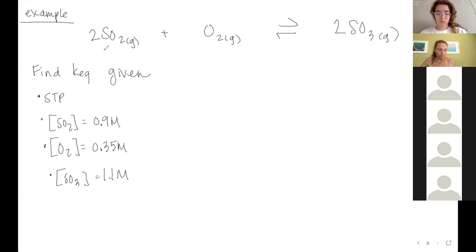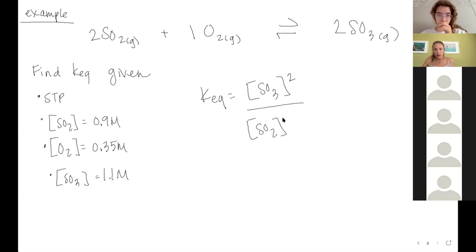So, therefore, I'm going to leave this as 2, 1, and 2. And then my KEQ becomes SO3 to the second power divided by SO2 to the second power times O2 to the first power.